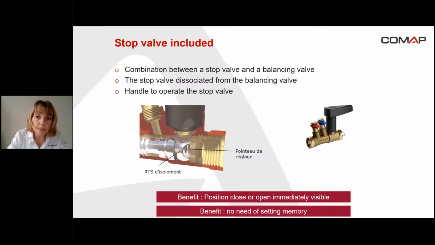We can see immediately if the valve is closed or open. If it's open, the handle is parallel to the pipe, and if it's closed, the handle is perpendicular to the pipe. So it's very easy.